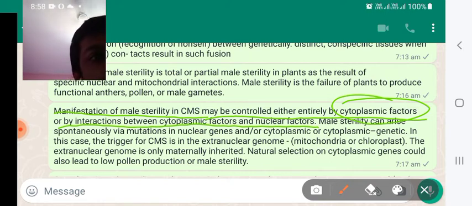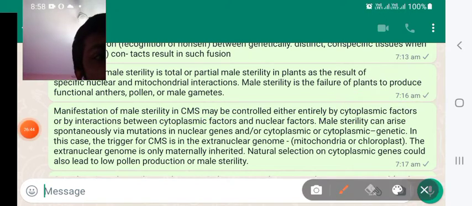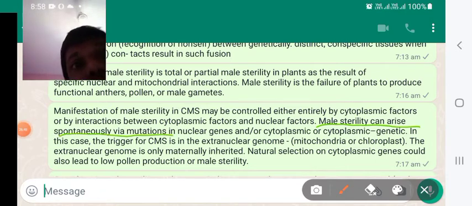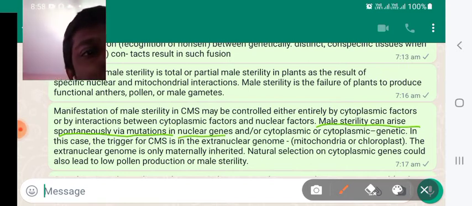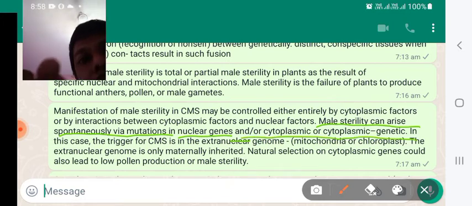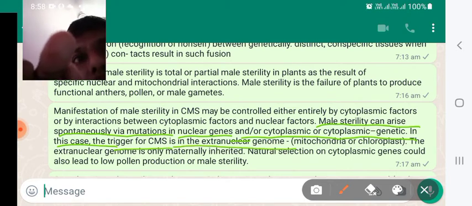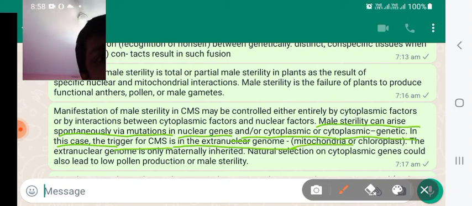Male sterility can arise spontaneously via mutations. We can induce mutations, that is mutagenesis, as we said before, in the nuclear genes and or cytoplasmic genes. In this case, the trigger for cytoplasmic male sterility is the extranuclear genomes, that is, the genome found in the mitochondria and the genome found in the chloroplast.